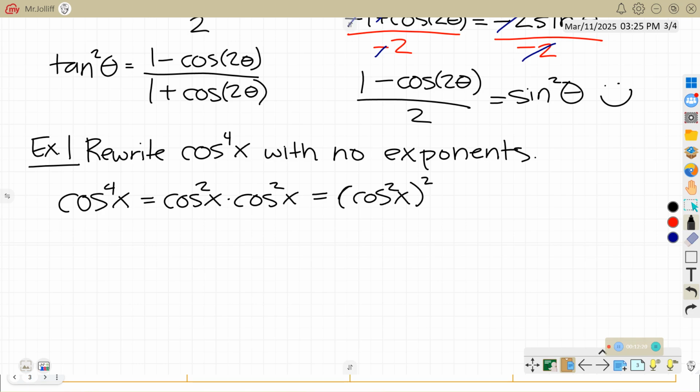And cos squared is something we have a formula for. So let's use the formula we have on the cos squared x. We're going to replace each cos squared with its reduction formula. So I'm going to end up with a reduction formula for the first cos squared x, reduction formula for the second, because there's 2 of them, yeah? Cos squared times cos squared.